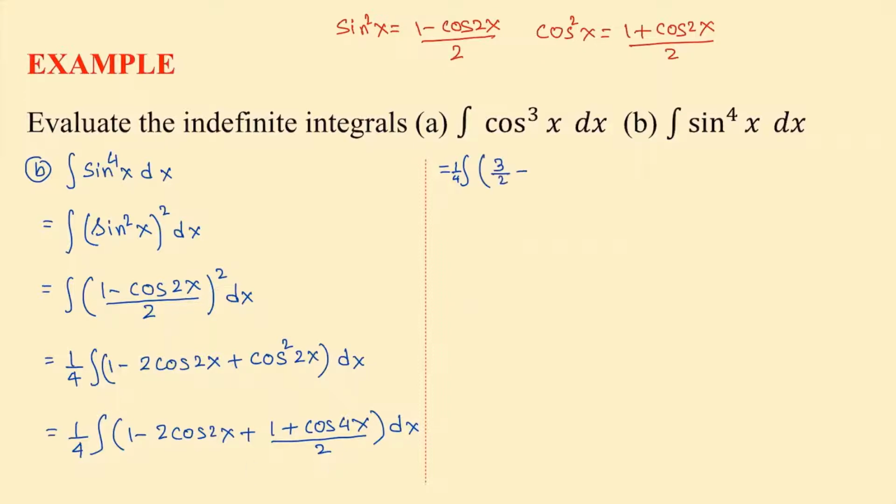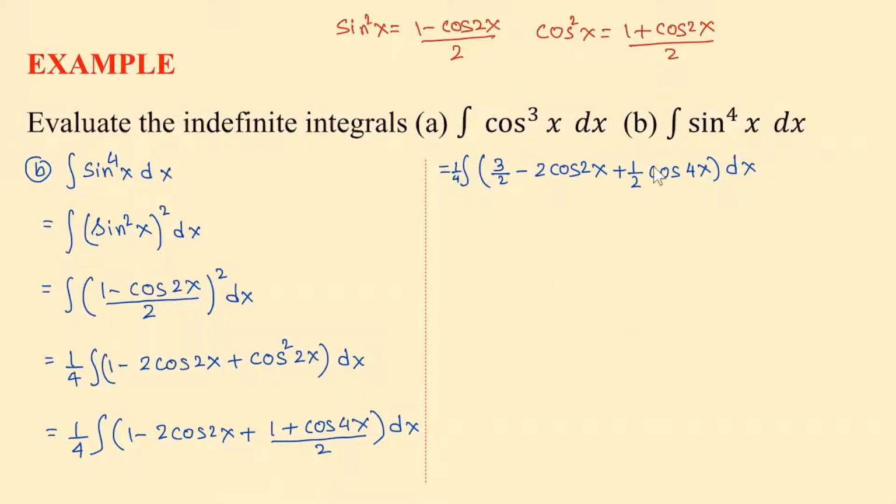Then minus, this one is minus 2 cosine 2x. And over here you have cosine 4x over 2. That means that is half cosine 4x. We are integrating with respect to x.